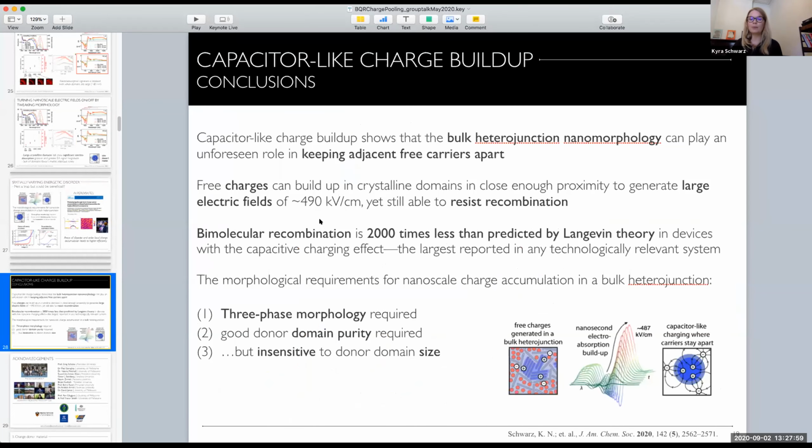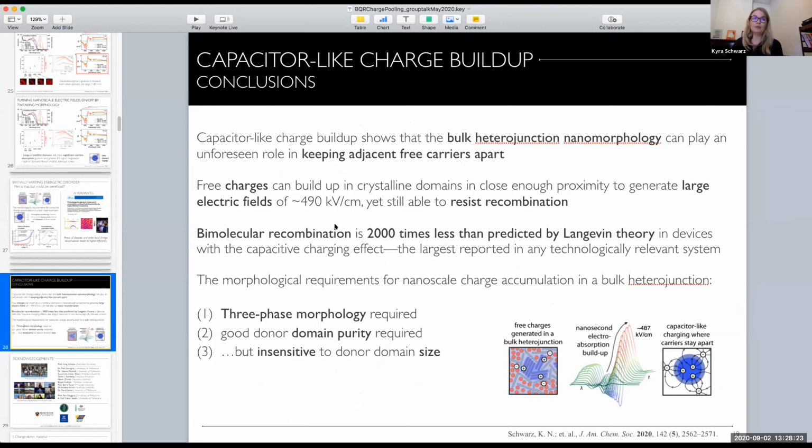Okay, so to wrap up, we've seen this really unexpected capacitor-like charge buildup. It's caused by the bulk heterojunction nanomorphology, and we believe it plays this unforeseen role in keeping these free carriers away from each other. We know the size estimate of this type of electric field effect. It's around 500 kilovolts per centimeter.